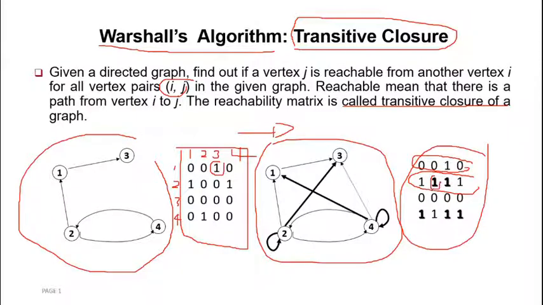Can we reach 2 from 2? We can, by 2 to 4, 4 to 2. That's why we update here. For 2 to 3, we cannot directly access 3, so we go 2 to 1, 1 to 3. This is the transitive closure.